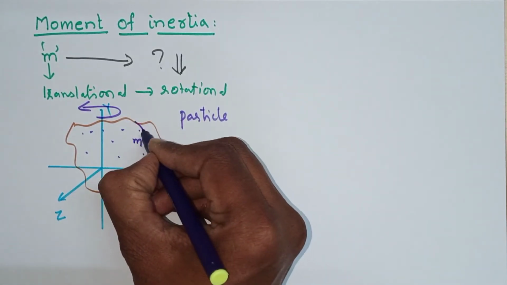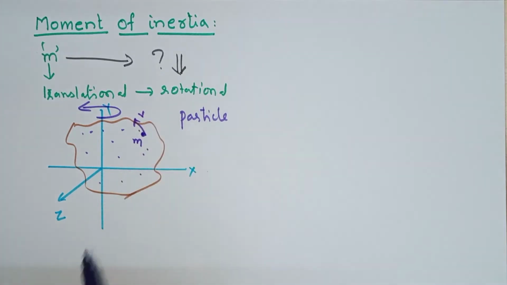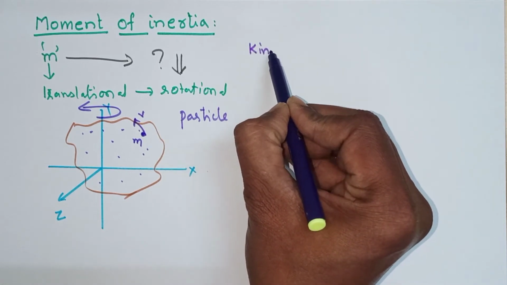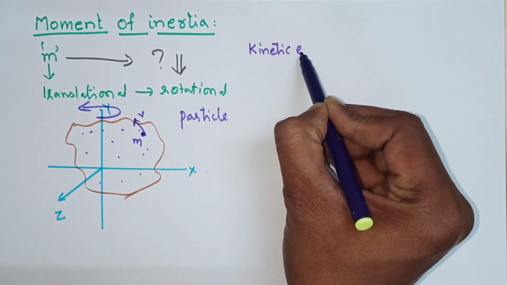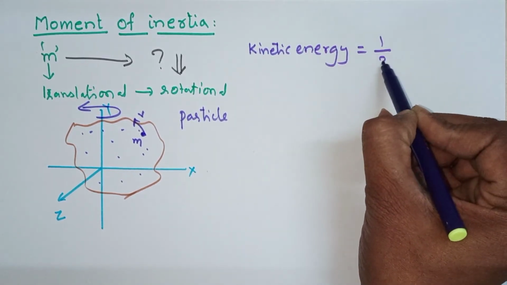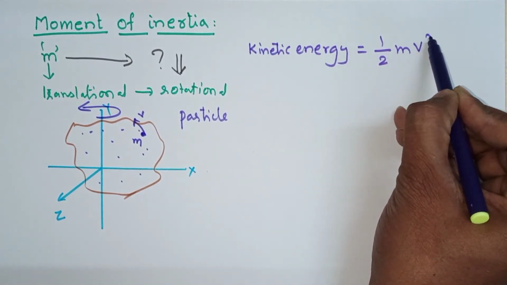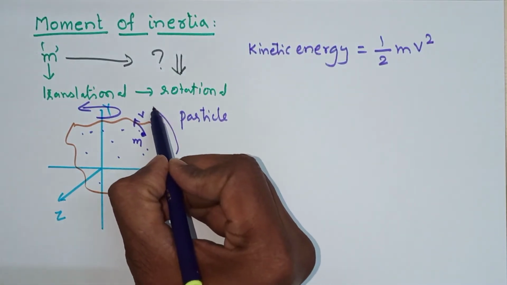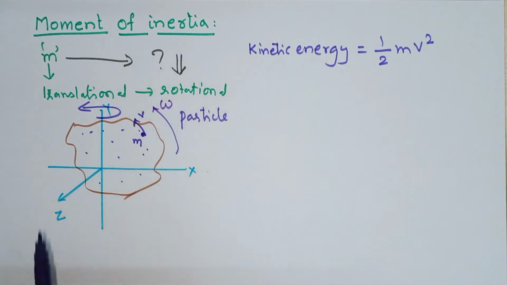So this is called the linear velocity. The kinetic energy of the chosen particle we generally write as half m v square, where v is the velocity. What is its angular velocity? Angular velocity is omega.